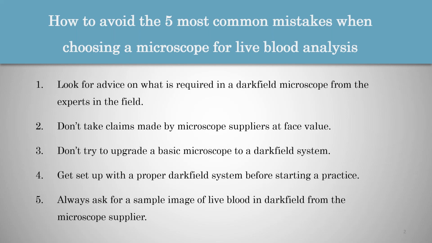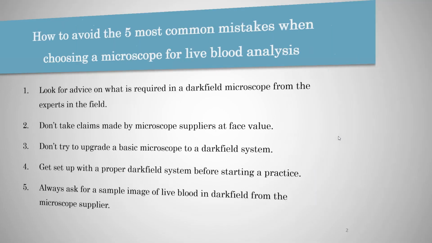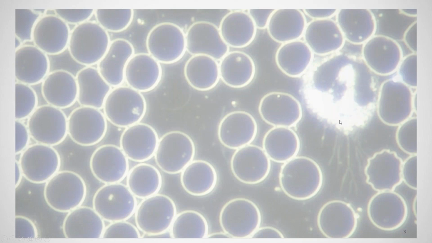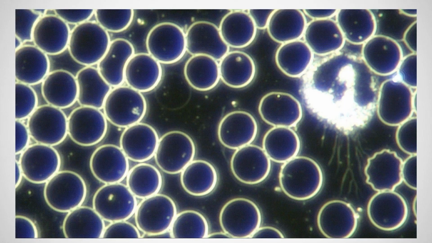So just some interesting images that we can look at of some samples in dark field, just to illustrate really what we should be able to see. So this is a dark field sample, looking at red blood cells there. Red blood cells would be visible with any type of dark field system, but that's also what is visible in bright field.